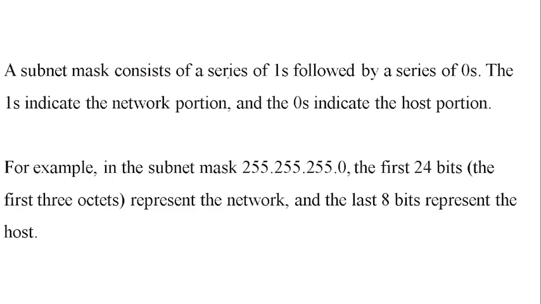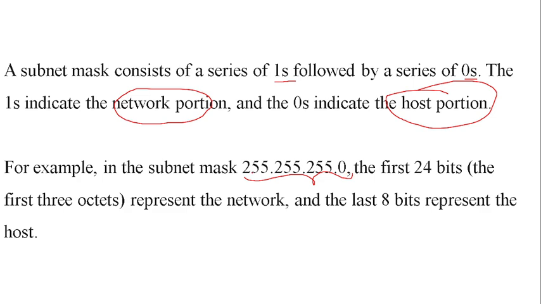So a subnet mask consists of a series of ones followed by a series of zeros. The ones indicate the network portion and the zeros indicate the host portion. For example, imagine this is our subnet mask, 255.255.255.0.